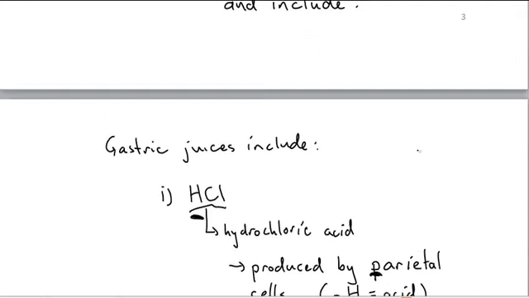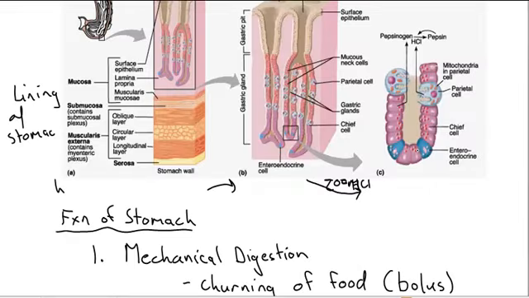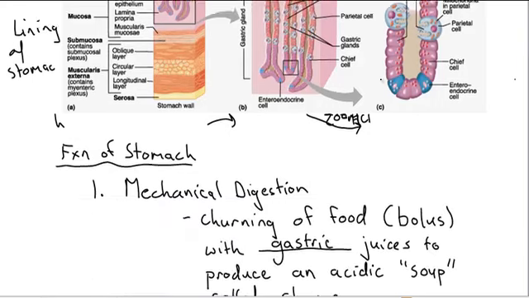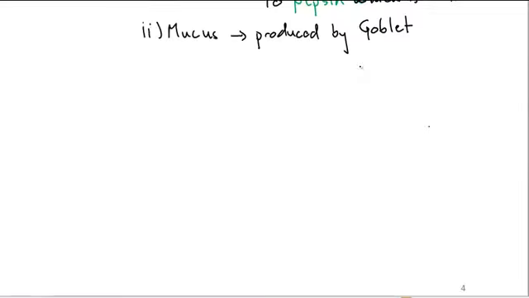That just may be something strange about my personality, but I can connect the two together. So here, if we look for the goblet cells, they're actually labeled mucus neck cells. In other diagrams, you'll see them called the goblet cell. Okay, so goblet cells equal mucus.